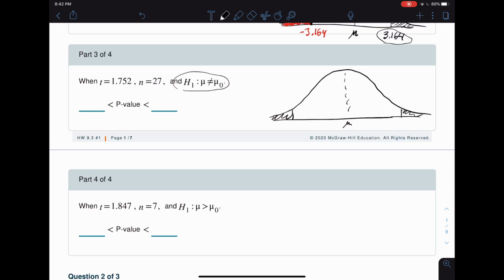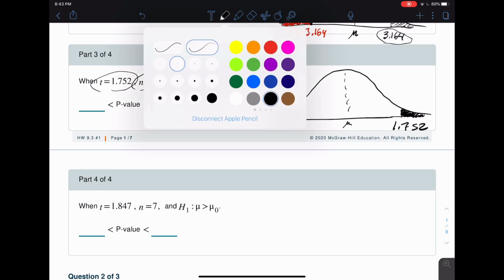And like I said before, it's going to be easier to find the value over here to the right because that's how t-distributions are set up. Some bits of information: our degrees of freedom is 26. Also important is there's my t-value, which is 1.752.